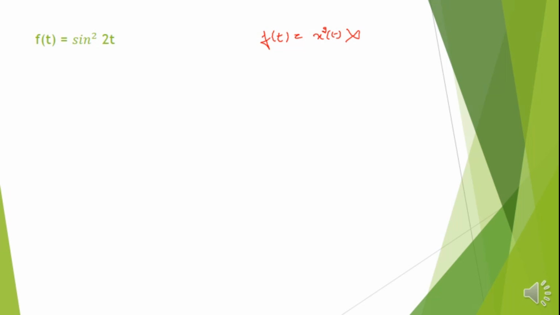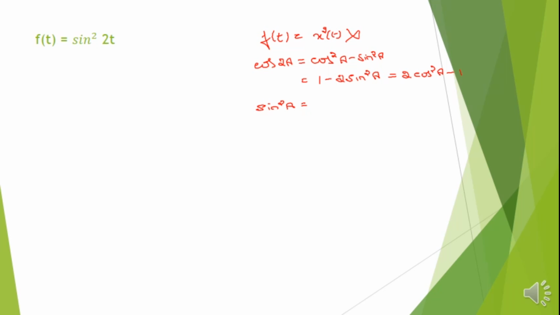We know that cos 2A equal to cos square A minus sin square A, or 1 minus 2 sin square A, or it is also equal to 2 cos square A minus 1.